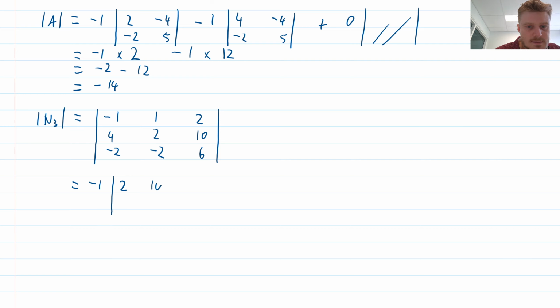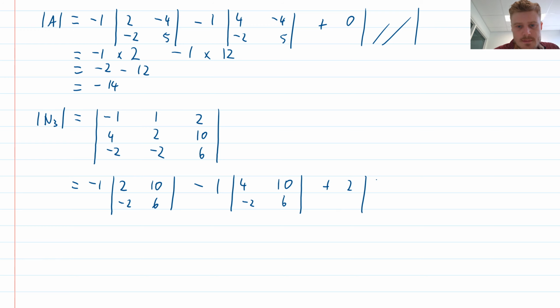So that is 2, 10, minus 2, 6, minus 1 times the determinant of 4, 10, minus 2, 6, plus 2 times the determinant of 4, 2, minus 2, minus 2.